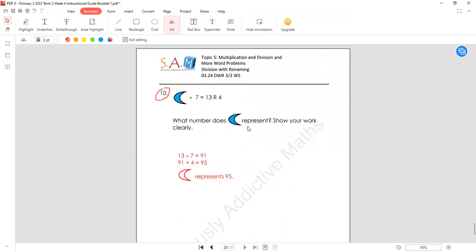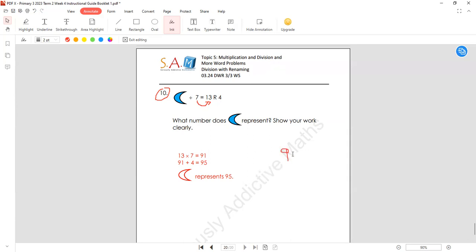What number does the question mark represent? Show your work. This one is a bit challenging because what they need to know is that this number divided by 7 equals 13, but there's a remainder. Usually we'll just take 7 times 13, but there's a remainder, so the product should plus 4. It'd be 91 plus 4, which equals 95.